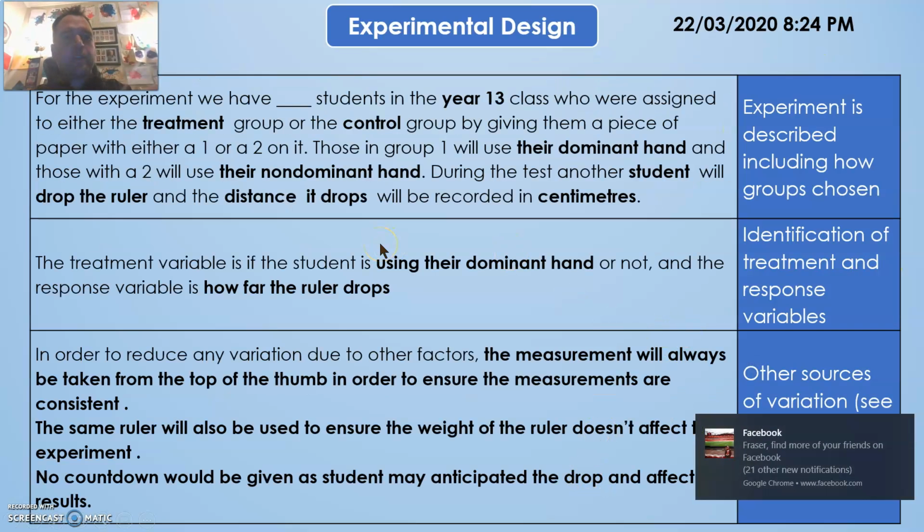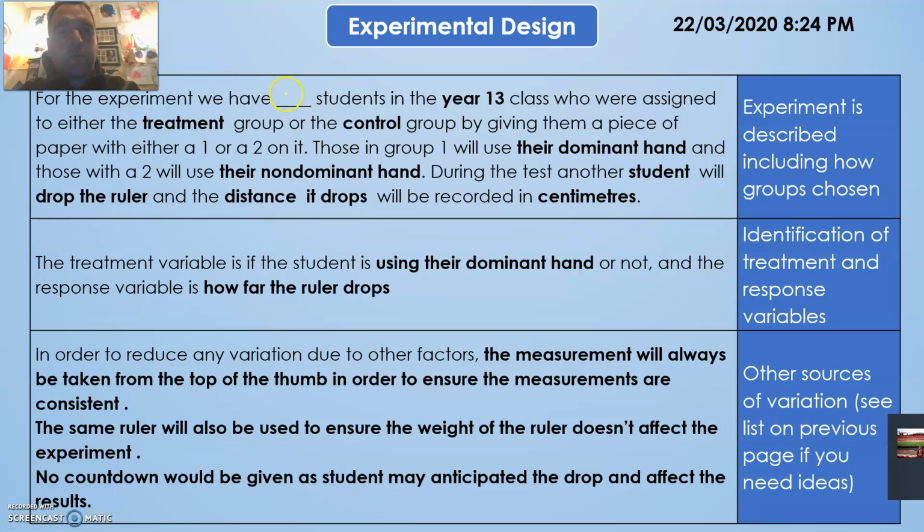Okay, so for this experiment we have, and we'll have to put a number in there, so we'll say 20 students in the Year 13 class who were assigned to either the treatment or control group by giving them a piece of paper, either 1 or 2 on it. Those in group 1 used their dominant hand, and those in 2 used their non-dominant hand.